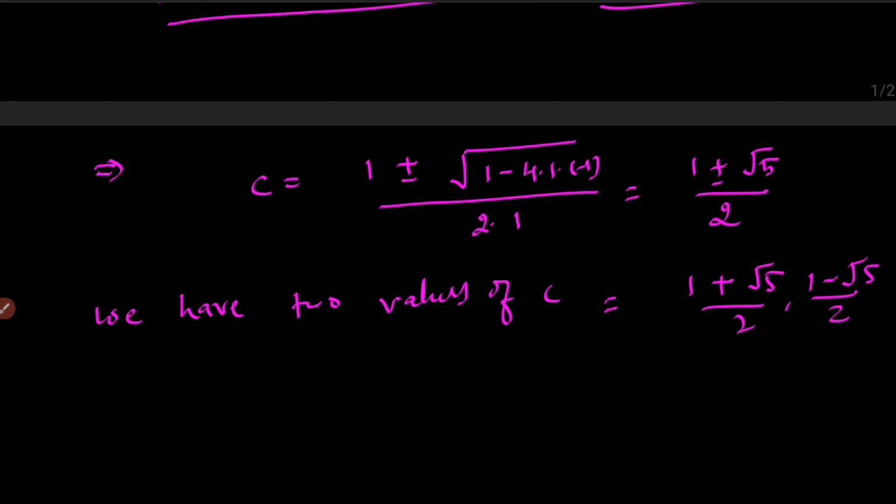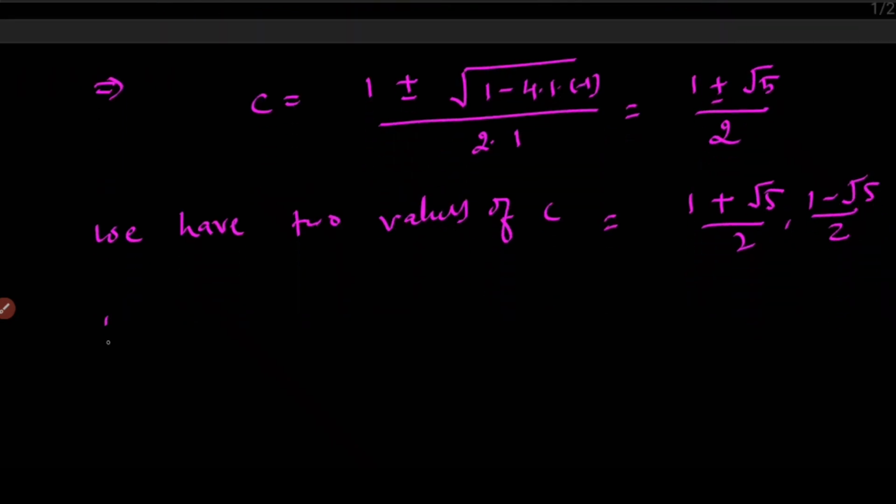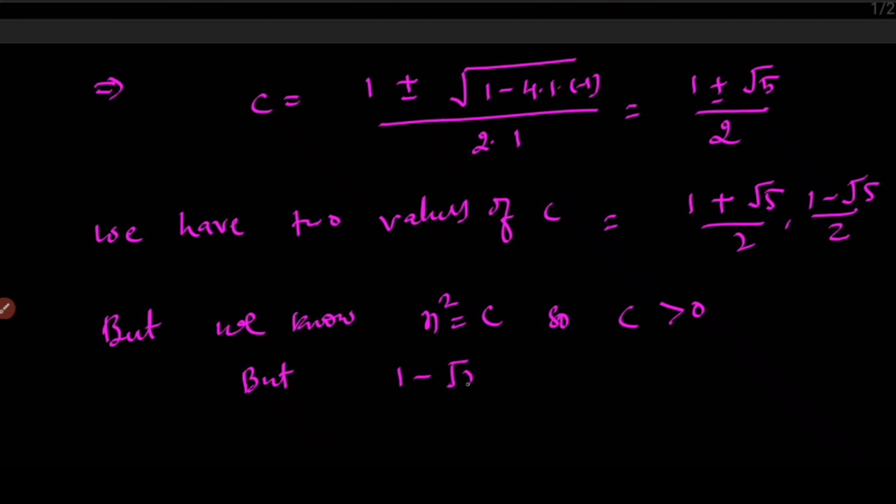Okay, these are the two values of c we get, but we know n square equal to c, so c must be greater than 0. But 1 minus root 5 by 2 is less than 0 because root 5 is greater than 1. So this will make it negative.